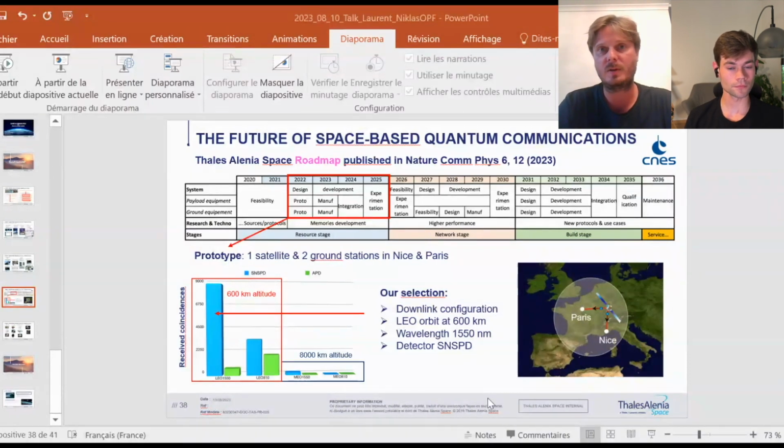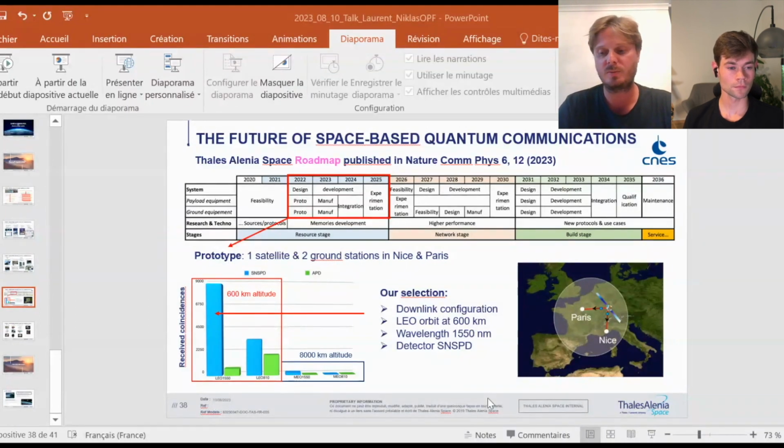We are also working on quantum cryptography, so we need people who are aware of cryptography. And there is also the atmosphere. You can find a good candidate who has performed a PhD on quantum information, but who is not aware of all the impairments due to the atmosphere. So it's complicated to find good candidates.